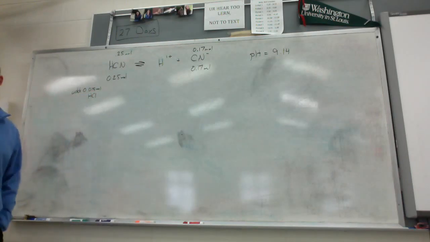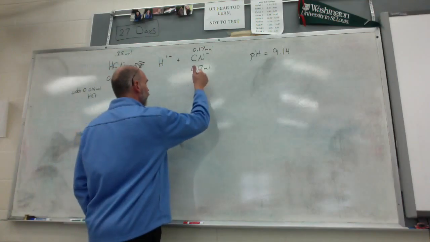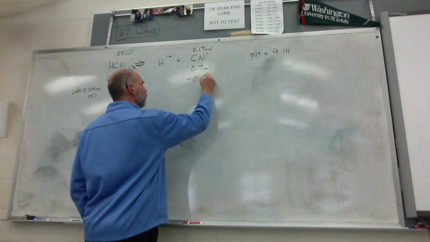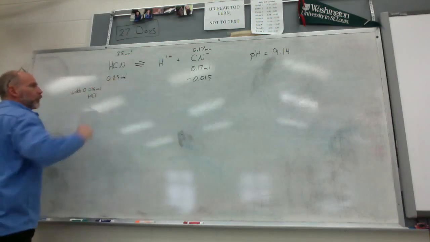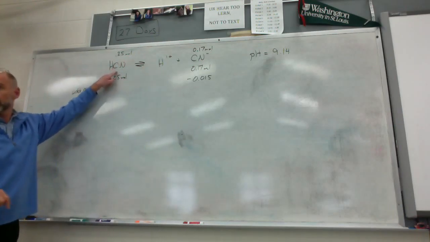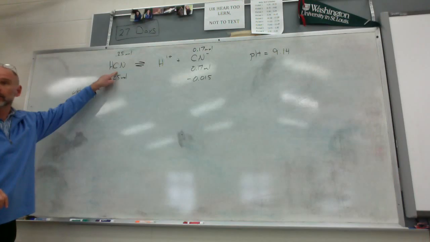What's the hydrochloric acid going to react with? Cyanide ion, right? So what's going to happen to this? It's going to decrease by 0.015, producing more of this. Are you guys following that idea?